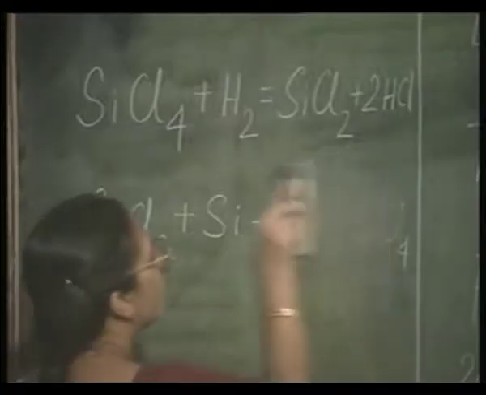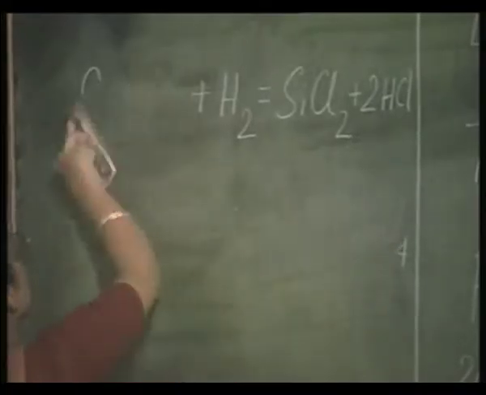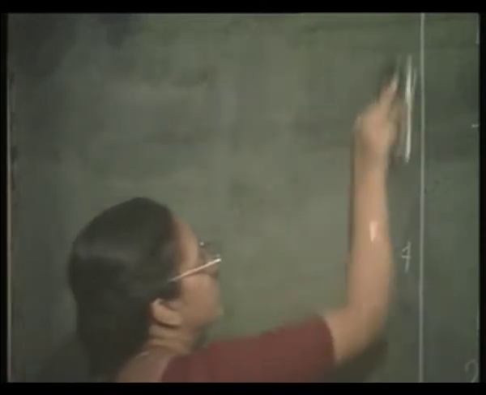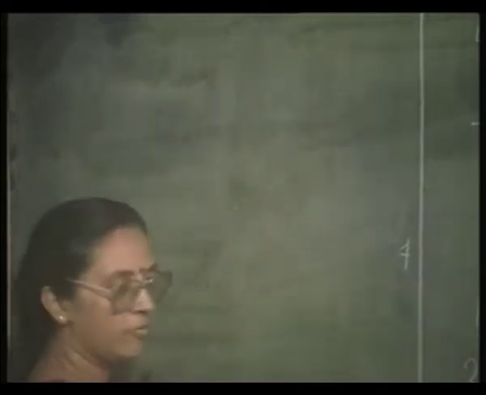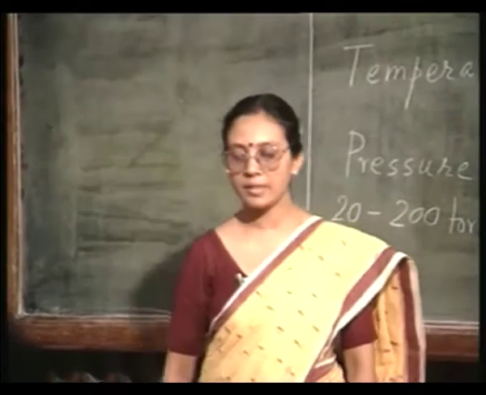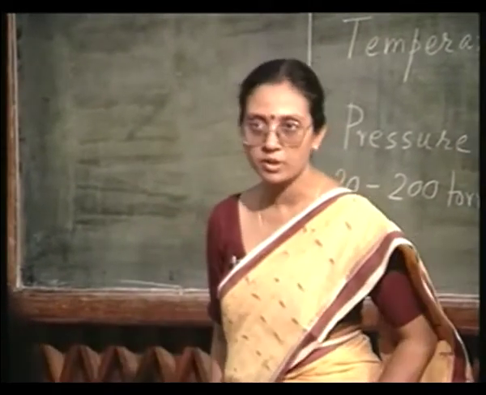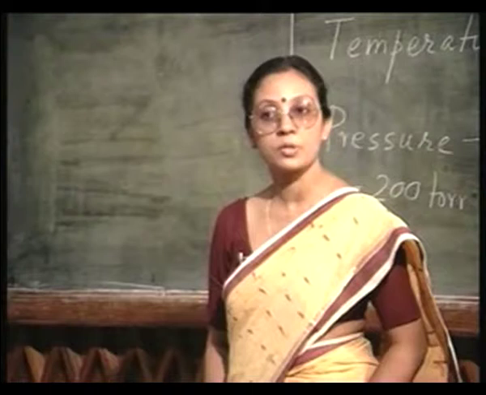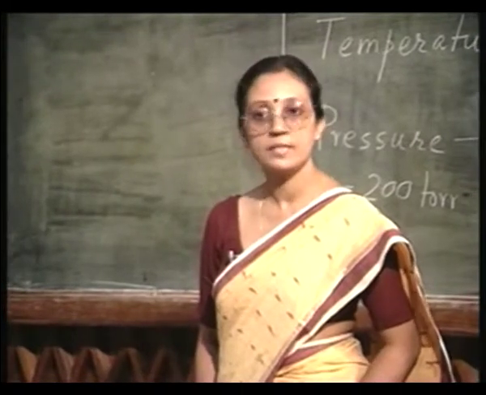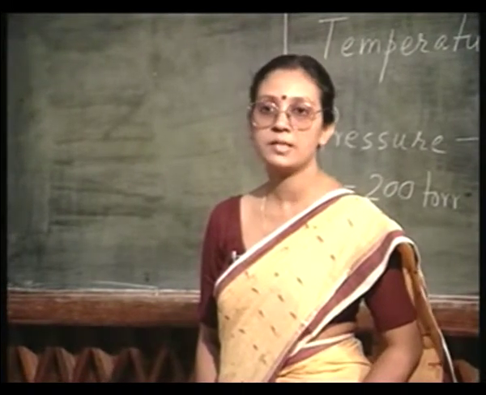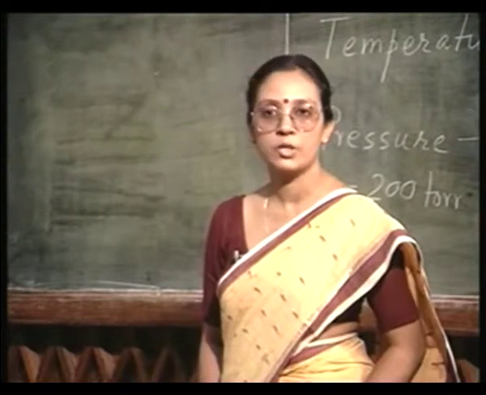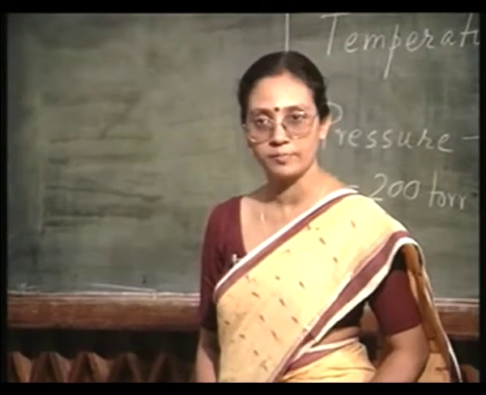So, there are many sub reactions going on here. For example, the starting material can be silicon tetrachloride or it can be chlorosilane, that is, silane is SiH4, chlorosilane is when one or more hydrogen atoms are replaced by chlorine.